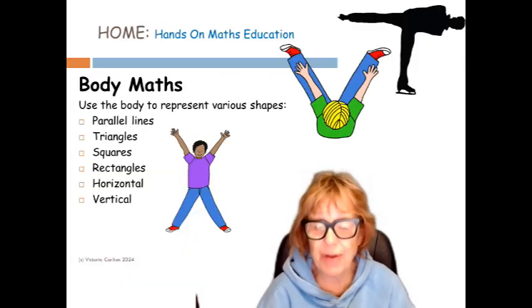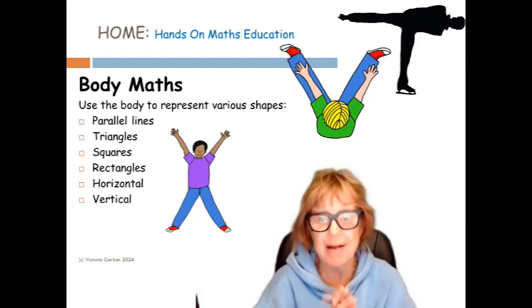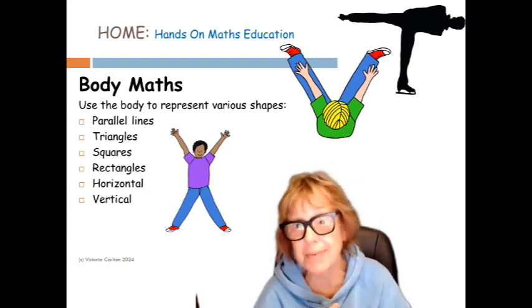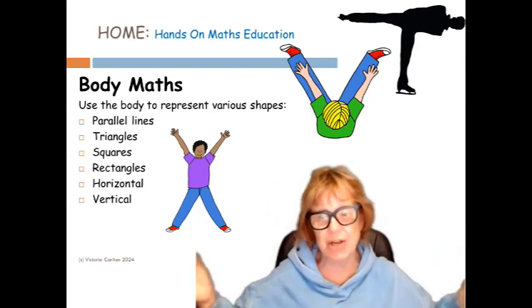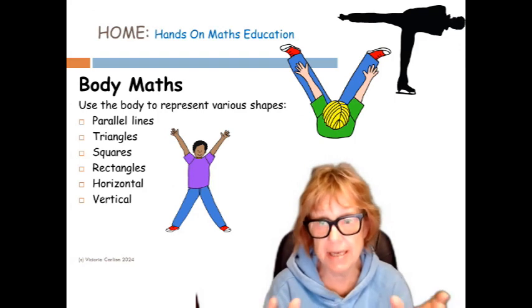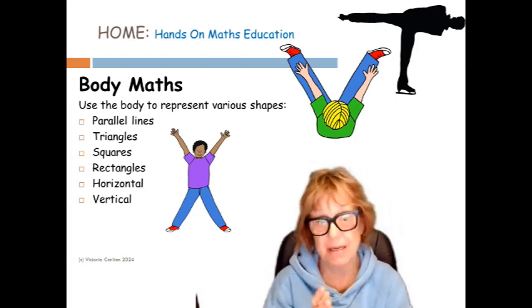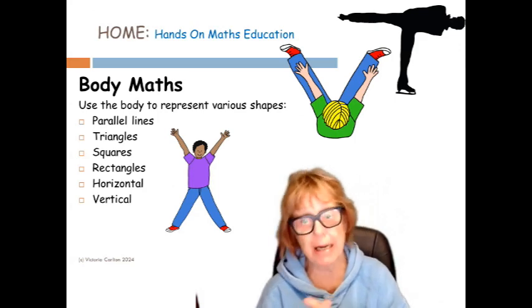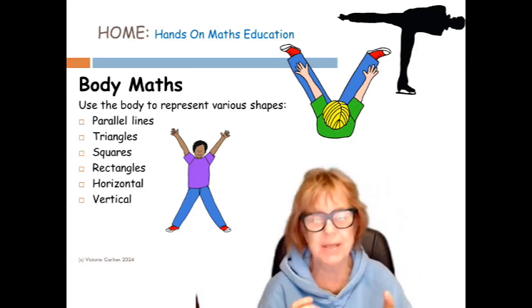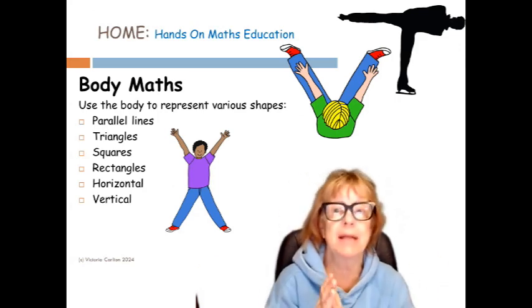And just to finish off with, one of my favorite ways to revise mathematics and mathematical shapes is to use our bodies. I use this to help the kids to revise the letter shapes. Any kid that's really struggling with letters and letter shapes, I get them to get together in ones, twos, and threes to make the letter shapes.